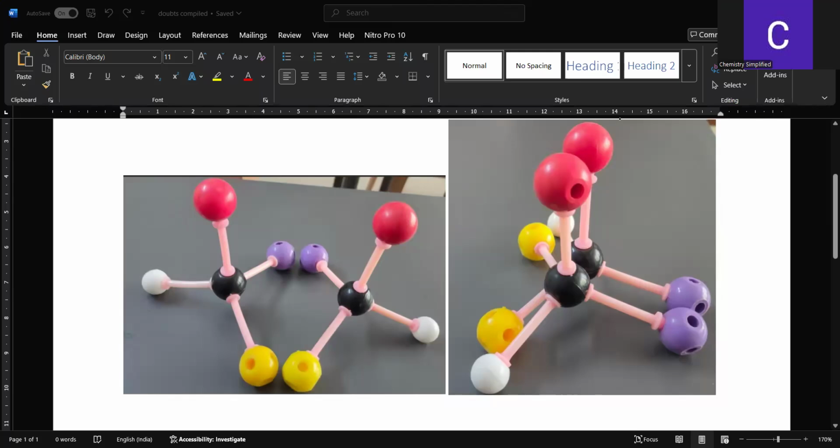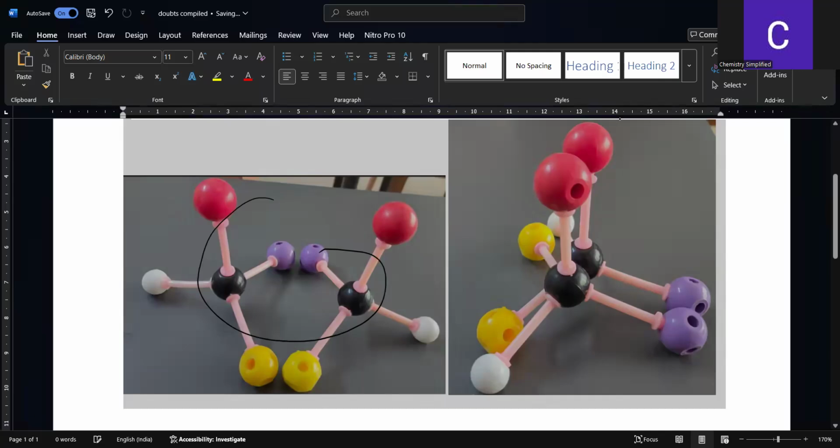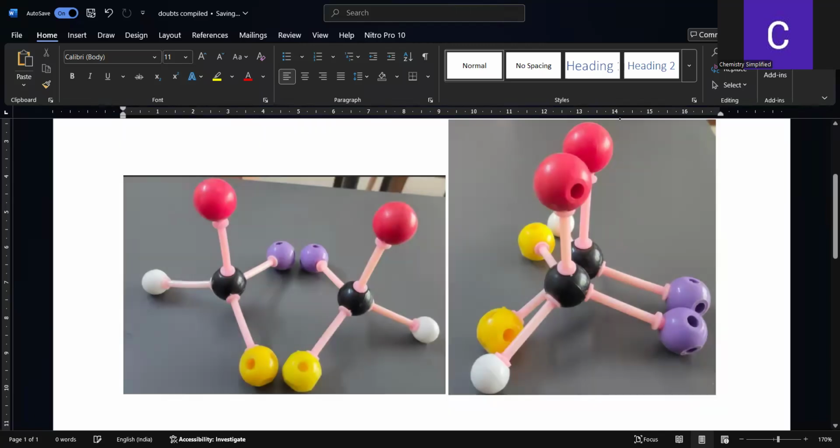So, you can see these two molecules which have that chiral carbon, with the four different atoms and groups of atoms shown by different colored balls: red, purple, yellow, and white.